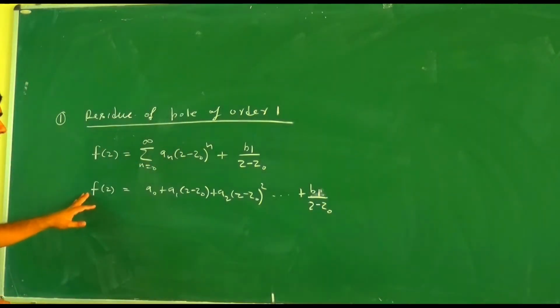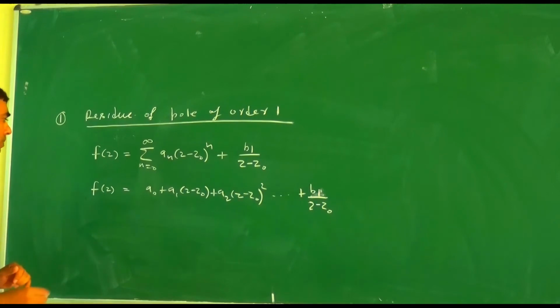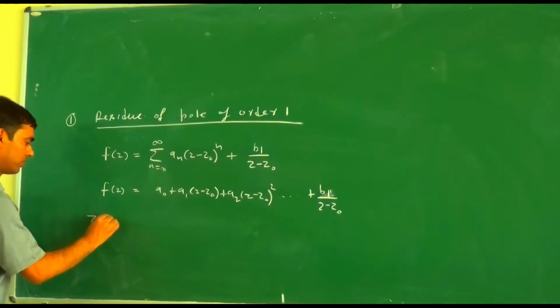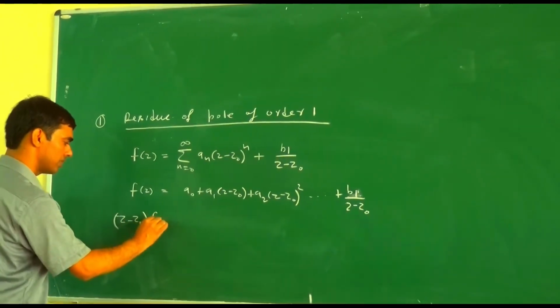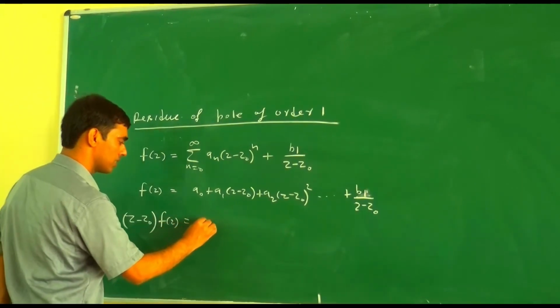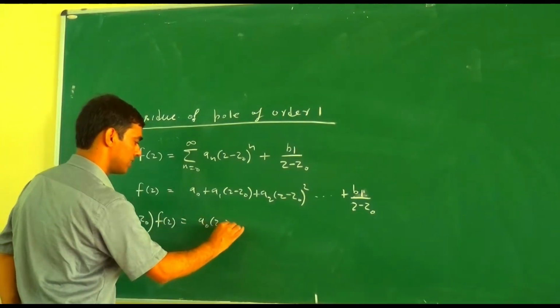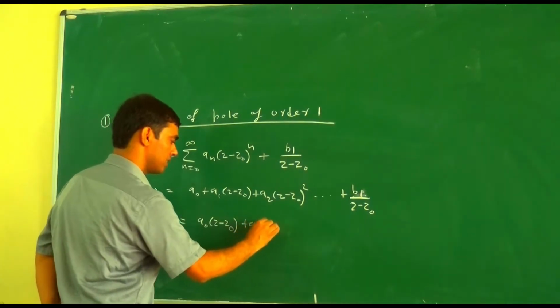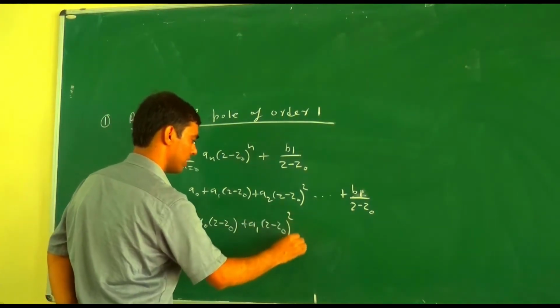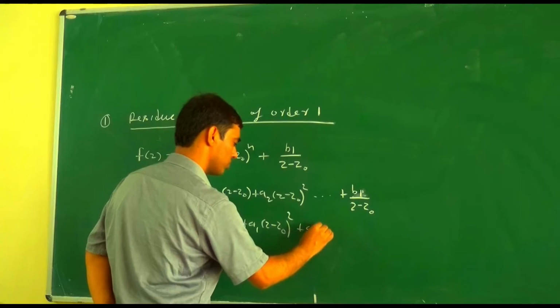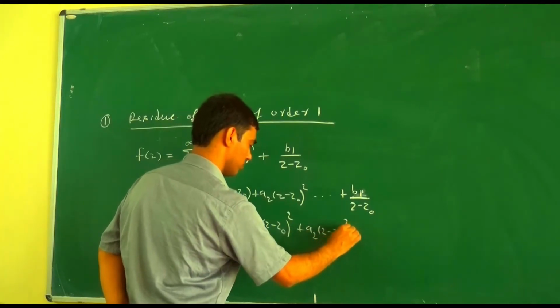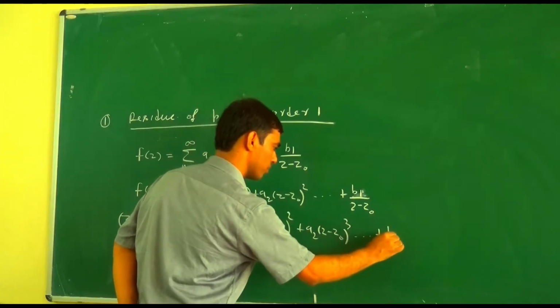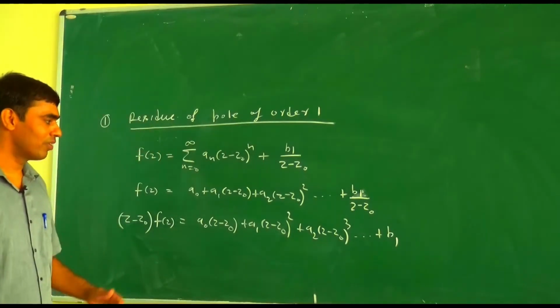Multiplying the left and right sides by (z minus z0), the left becomes (z minus z0) f(z), and the right becomes a0 (z minus z0) plus a1 (z minus z0) squared plus a2 (z minus z0) cubed, and the last term is only b1.